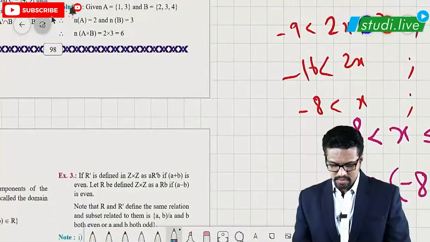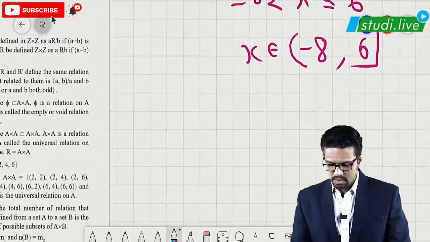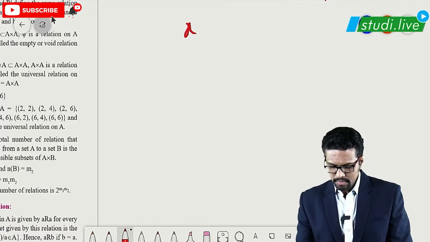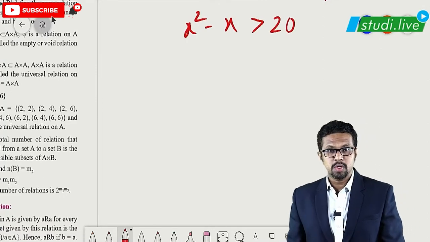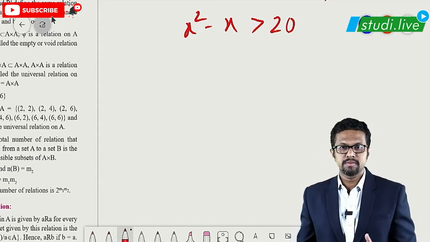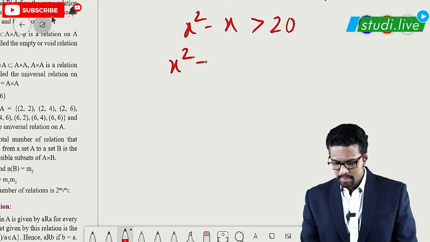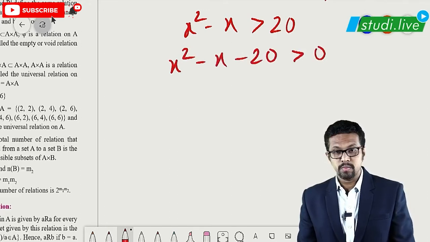The values that we have is x square minus x is greater than 20. Let us solve this question also so that you get an idea. So x square minus x is greater than 20. How to solve this question? Obviously we will try to solve it as a quadratic equation. So I can write it as x square minus x minus 20 is greater than 0.